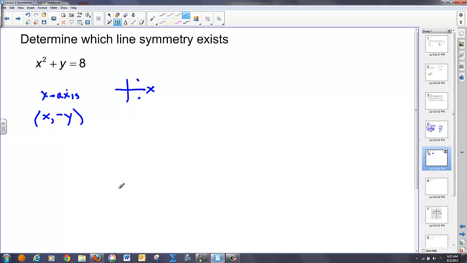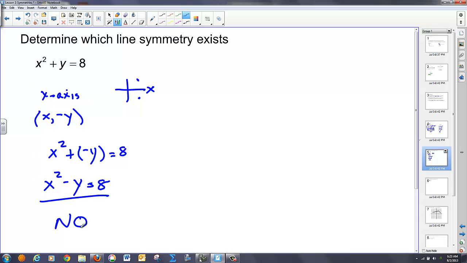So that's the substitution I'm going to make. So I have x squared plus negative y is equal to 8. And you'll notice that's x squared minus y equals 8, which is not the same as the original. So this is not x-axis symmetric.